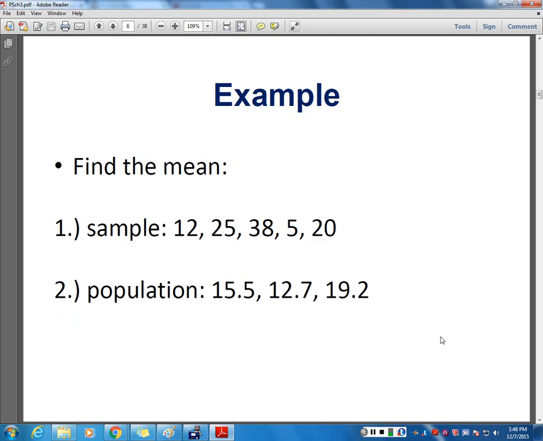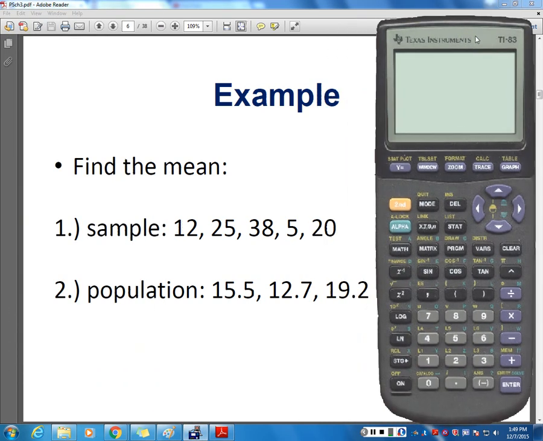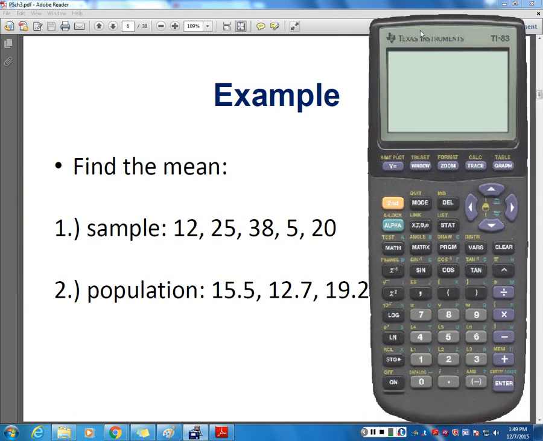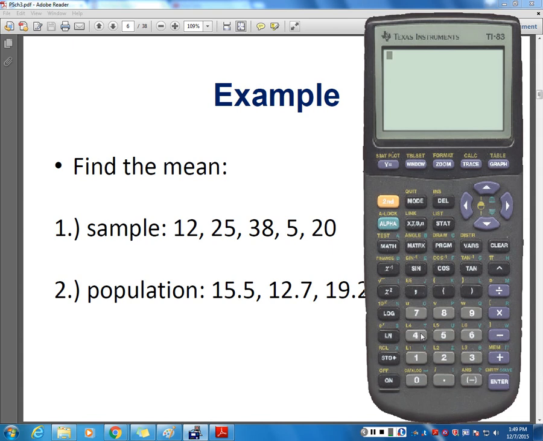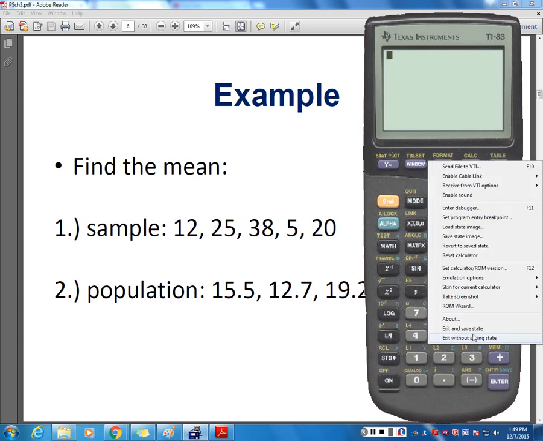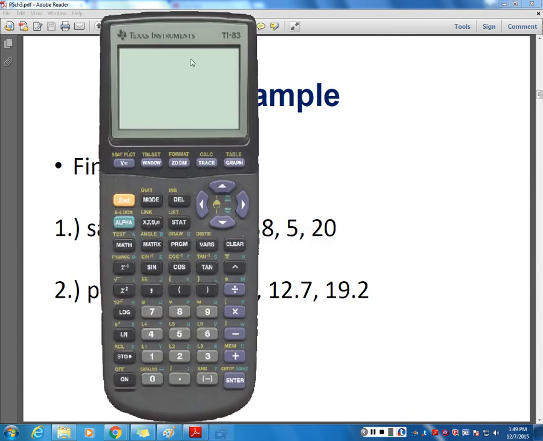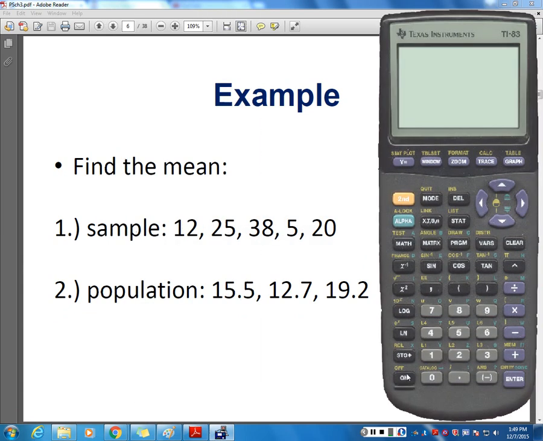Let's do some examples. Example number 1 is for the sample 12, 25, 38, 5, and 20. So if I get my calculator out, I can add those numbers up. All right, now I'm ready.